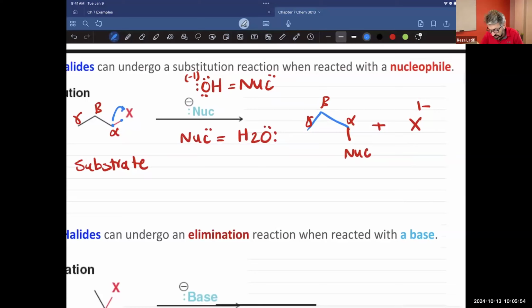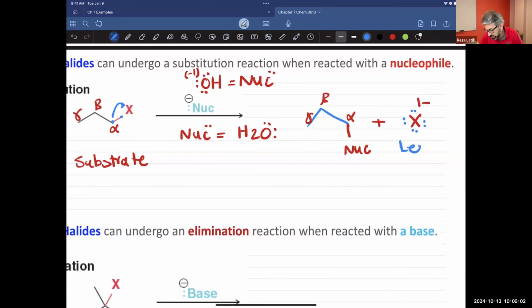So you have an X that has 4 lone pairs, and the charge for it will be -1, and this is going to be your leaving group. From now on, I'm going to show it by L.G. or LG. So the leaving group will be the LG.